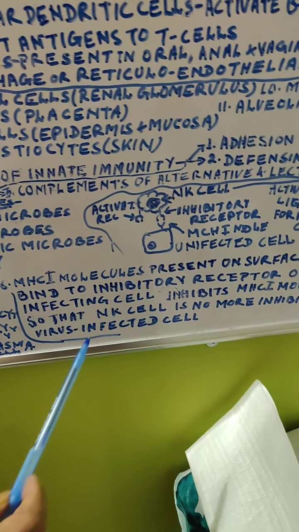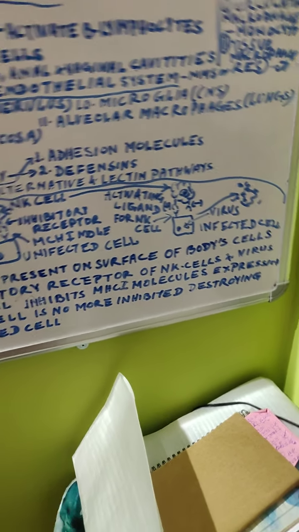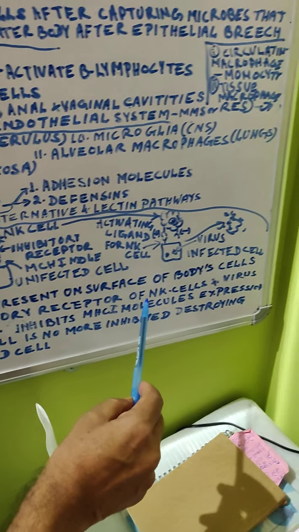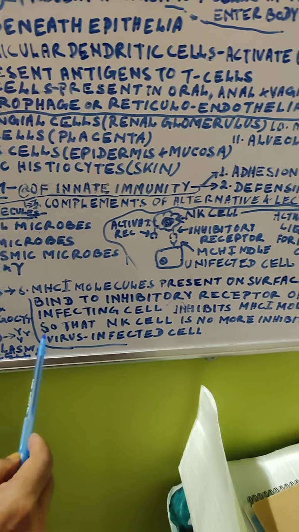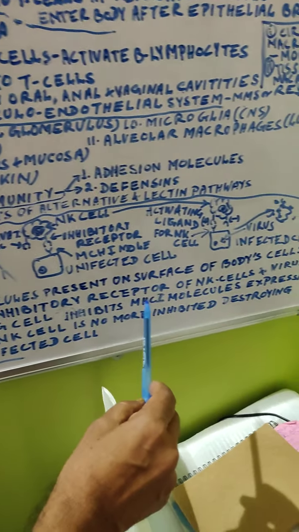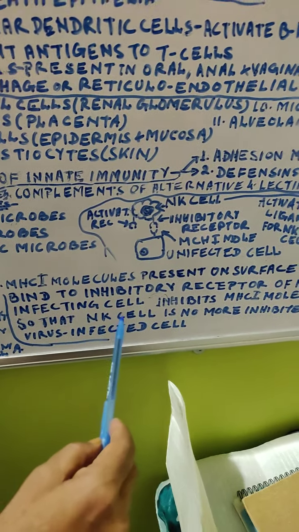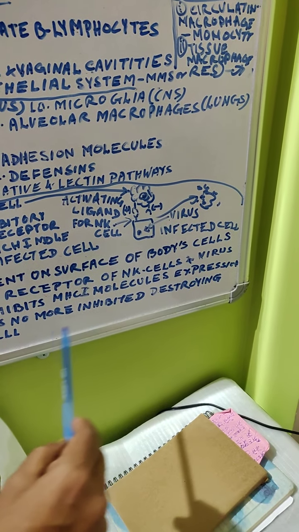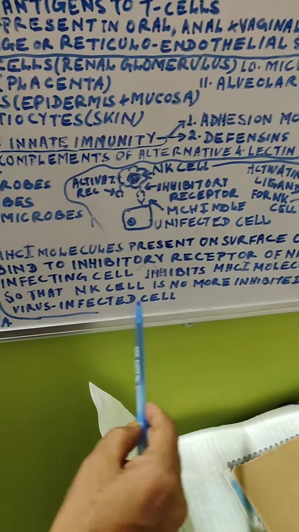MHC1 molecule is present on the surface of all cells of the body, and they bind to the inhibitory receptor of NK cells. A virus infecting the cell inhibits MHC1 expression, so that the NK cell is no more inhibited, and destroys the virus infected cell.